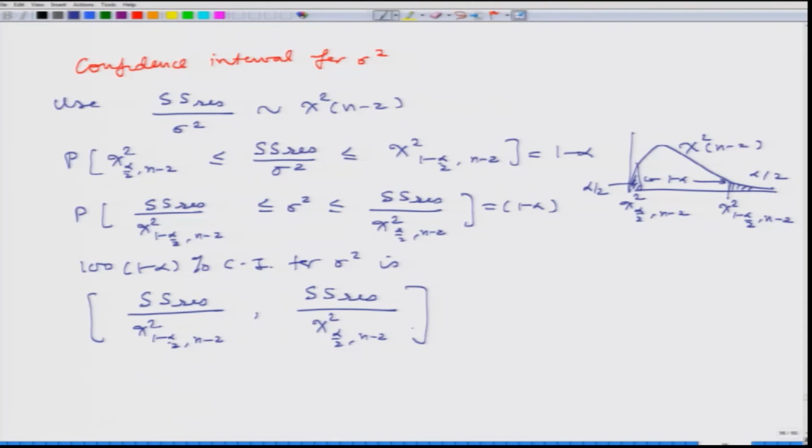These two values of chi-square can be obtained from the tables of chi-square probabilities. Right. So, they are available. Sum of square due to residual can be obtained on the basis of the given set of data. So, this confidence interval can be obtained on the basis of the given set of data.